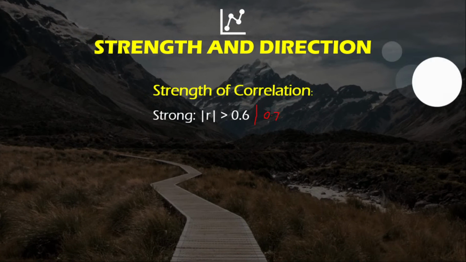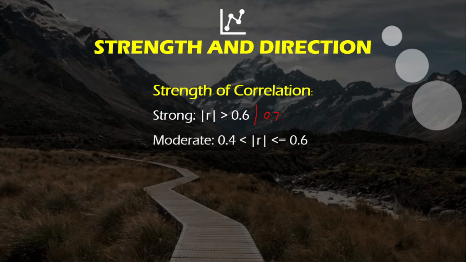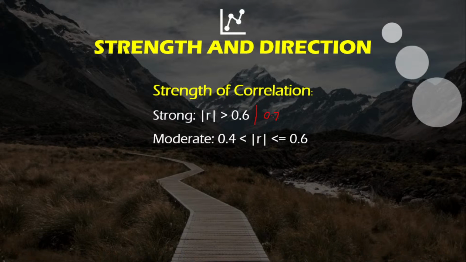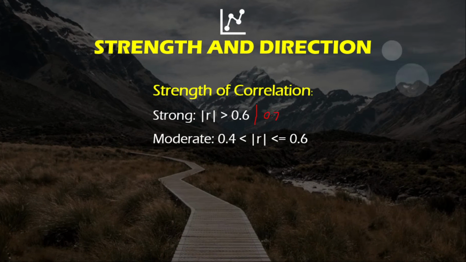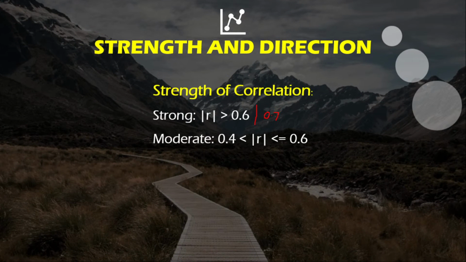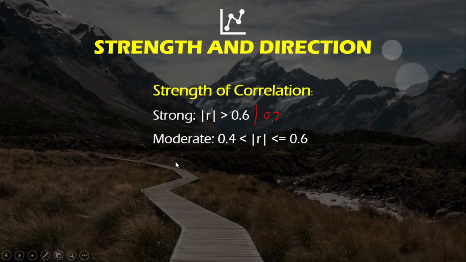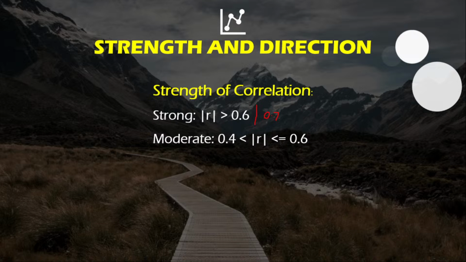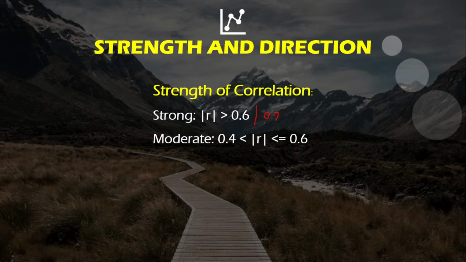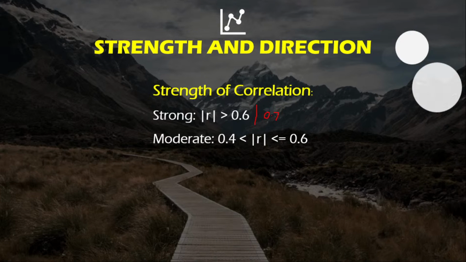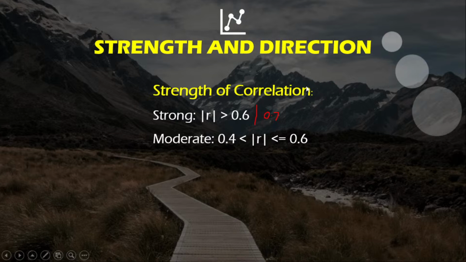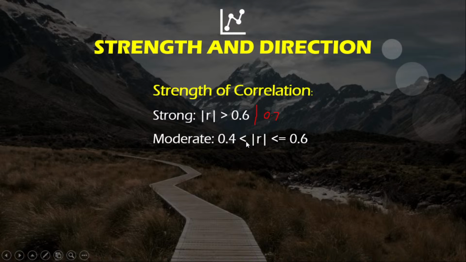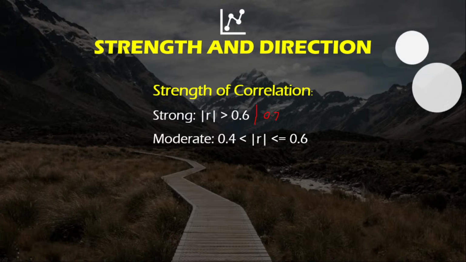The next is moderate. If we consider the relationship to be moderate, or medium, the absolute value of the correlation coefficient is greater than 0.4 but less than or equal to 0.6.